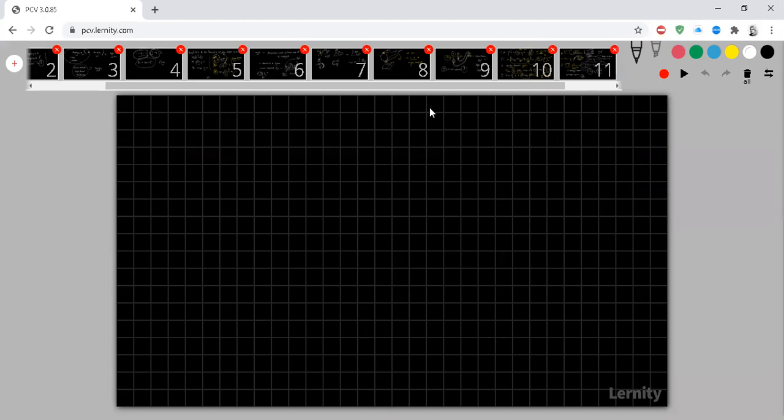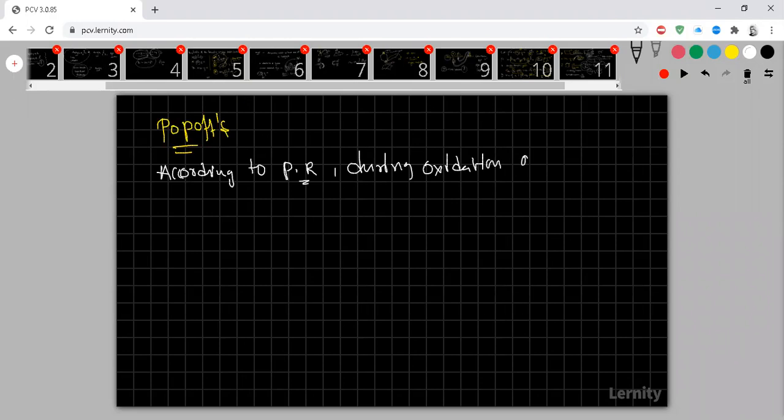Before this, let me tell you the pop-up story. So this is the pop-up story. Let's discuss. According to the pop-up rule, during oxidation of unsymmetrical ketones, what are unsymmetrical ketones?